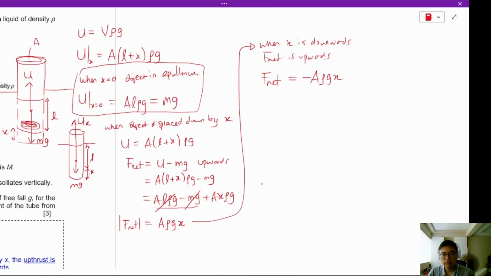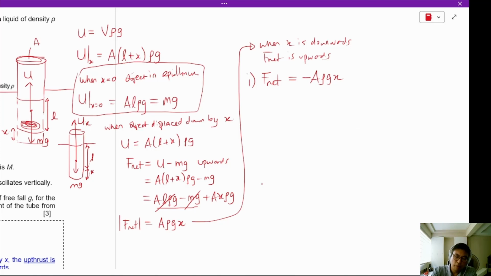So the net force on the body will be minus A rho gx. So, show that the acceleration of the displacement, this is part 1. And then using the expression, show that the acceleration will be given by rho Ag over m times x.